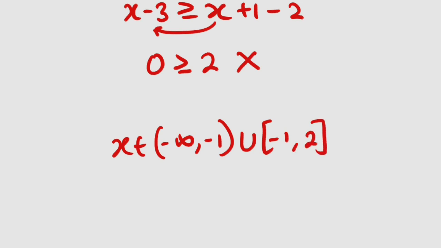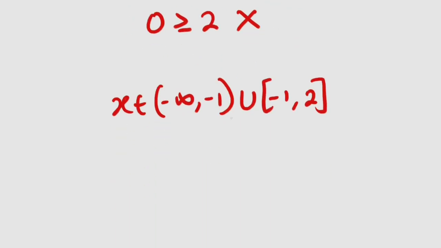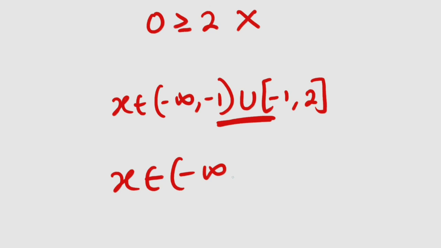I think 2 is included as well, yeah. If you unite them, it will be from negative infinity down to 2, because you can see that we have negative 1 at the boundary. So x belongs to the set of values from negative infinity down to positive 2. And this is said to be the solution to this problem.